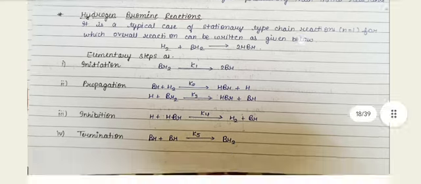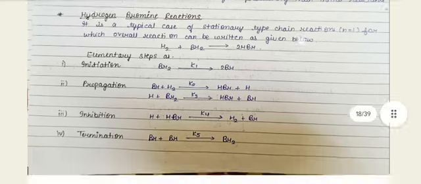The net rate of formation of HBr must be equal to the sum of the rates of formation and disappearance of the same: d[HBr]/dt = k2[Br][H₂] + k3[H][Br₂] - k4[H][HBr].